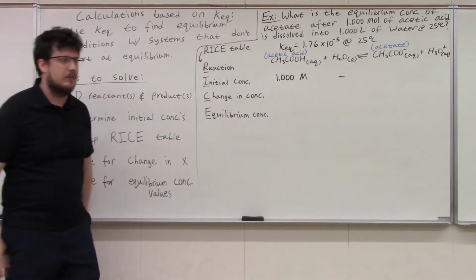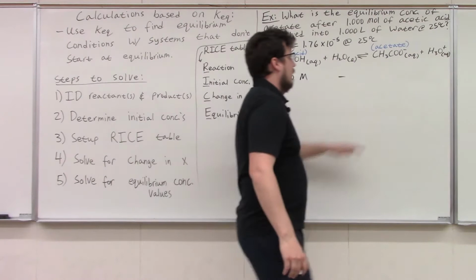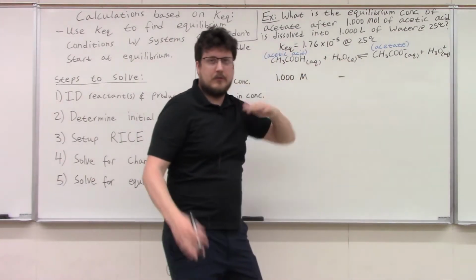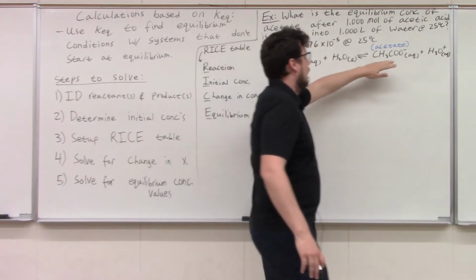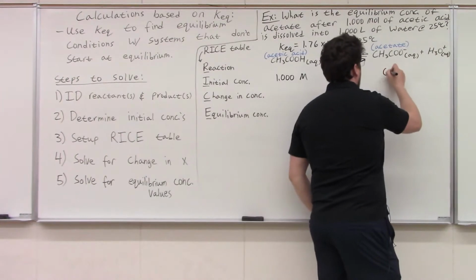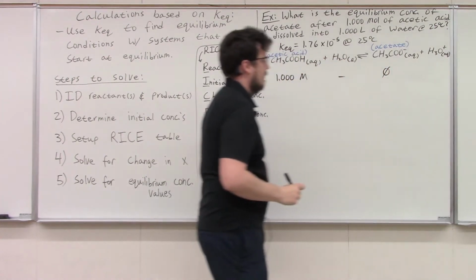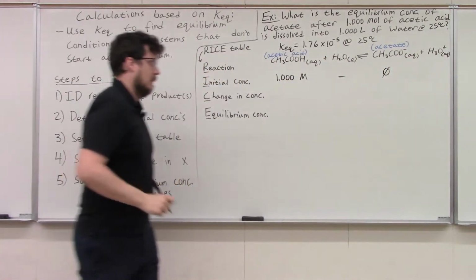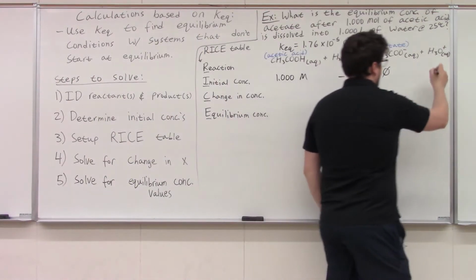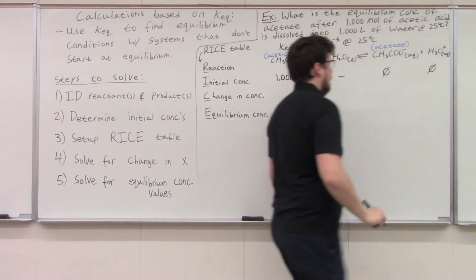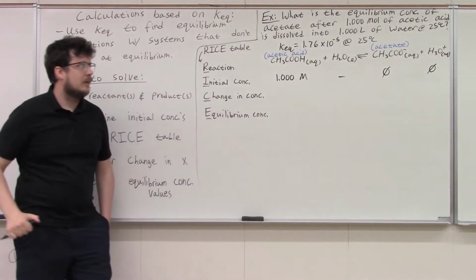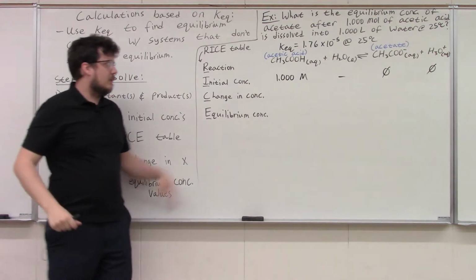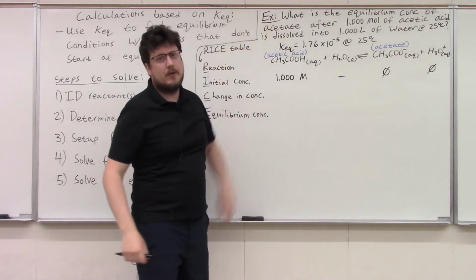We don't have to worry about it, because it's not going to show up in our equilibrium expression, so we're good. This guy, well, initially, I didn't add any. It's at 0. I didn't add any H3O+ either. That's at 0. Okay. So this is just our initial setup. All of this should come out of the question.